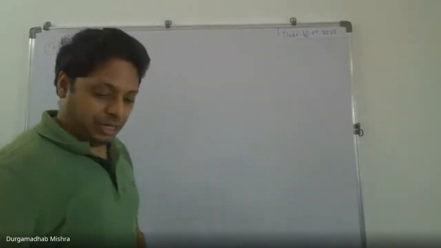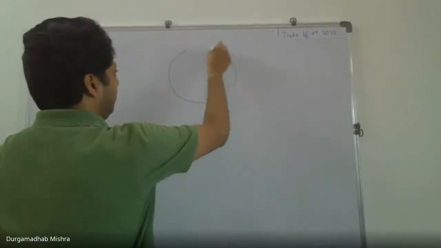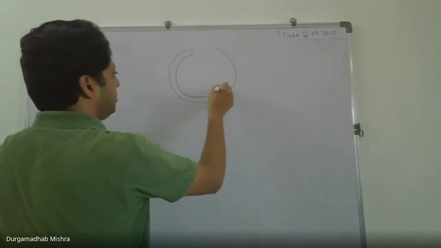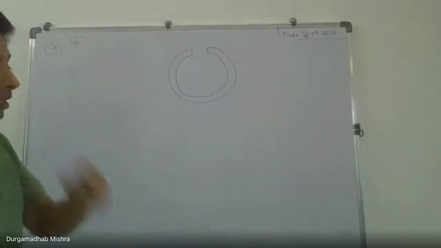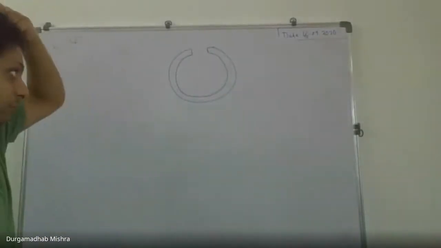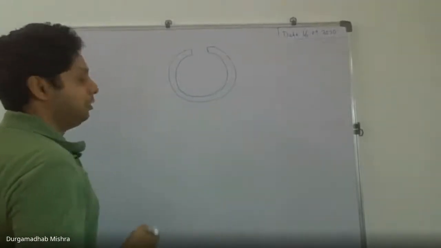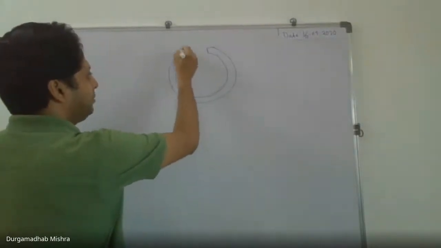So let's take a magnet, something like this. This is a typical magnet in motors, when rotating magnets are used, or you want to rotate some coils inside it. So this is our magnet.